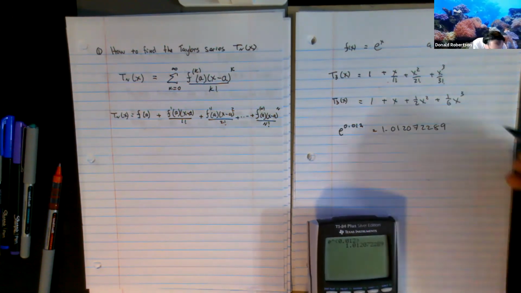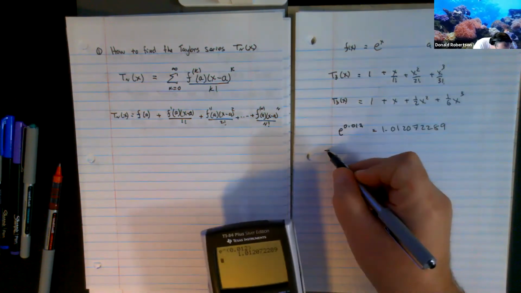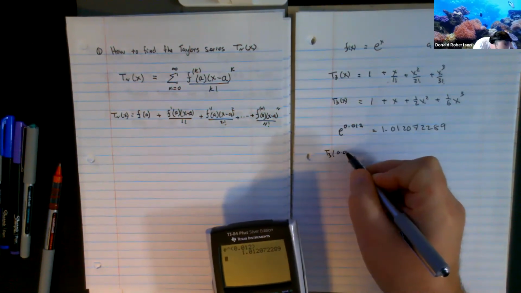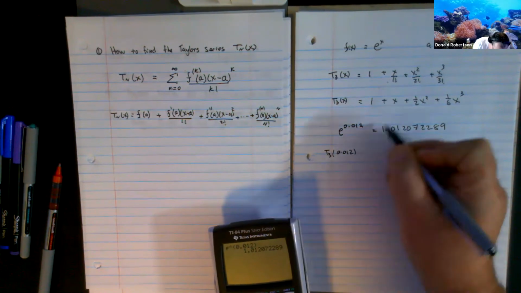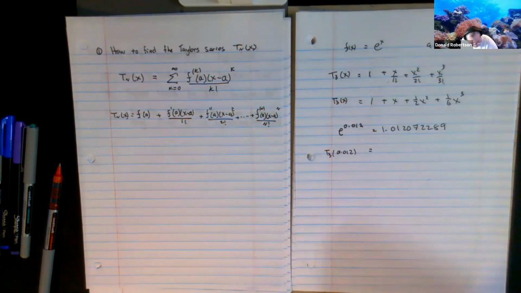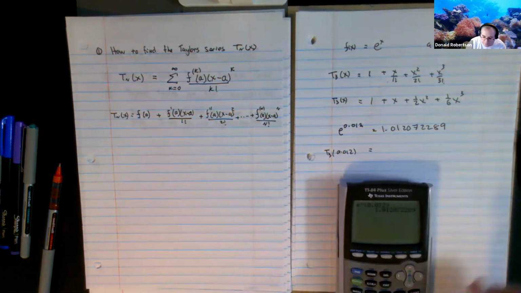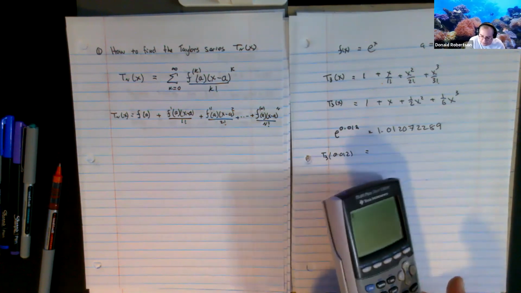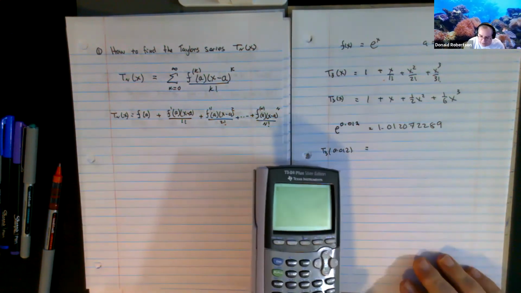Now I'm going to use this polynomial to estimate this guy. Would 2 decimal places be pretty impressive? Maybe 4, maybe 5. See what we get. Here it goes.